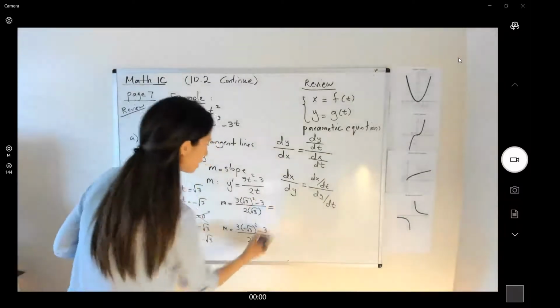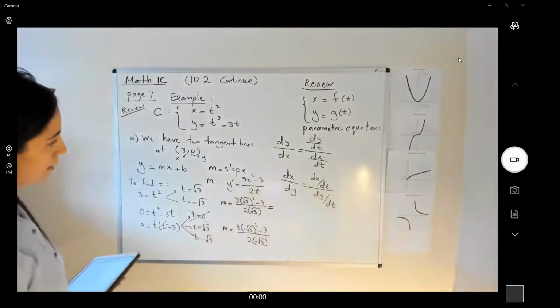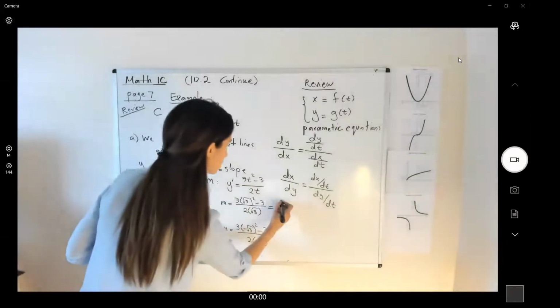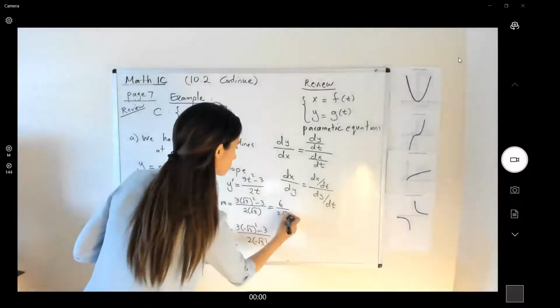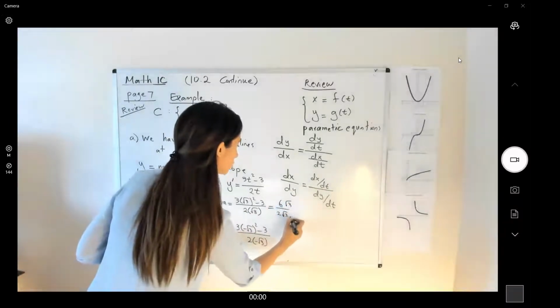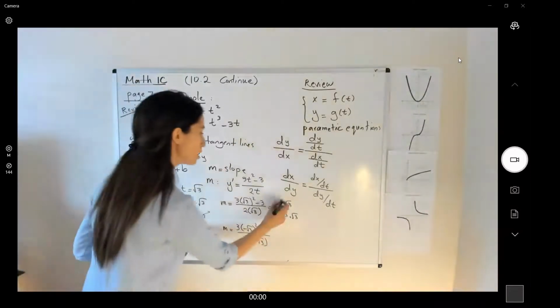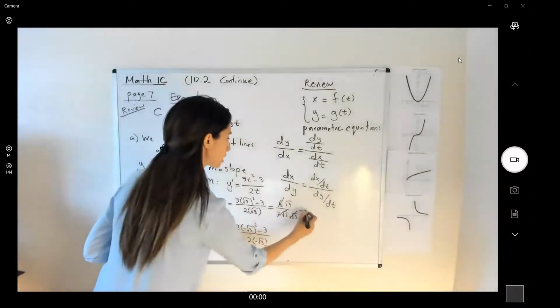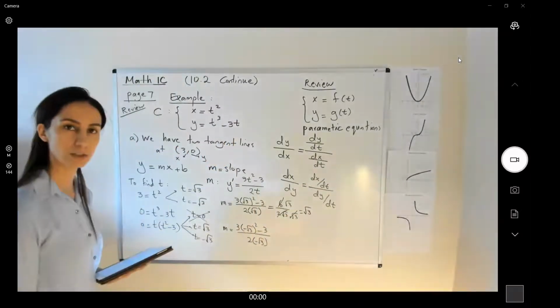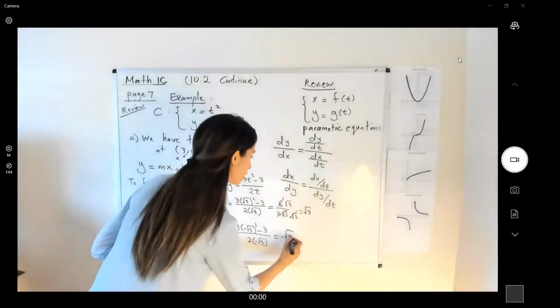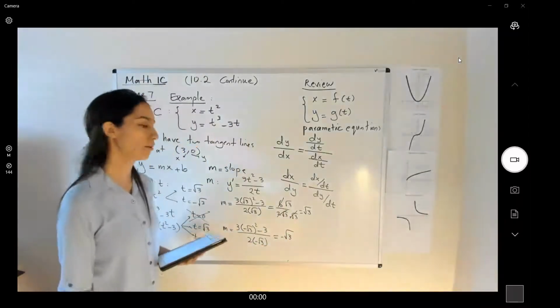Solving this one, we have 3 times 3, 9 minus 3, 6, divided by 2 square root of 3. We multiply by square root of 3 to rationalize the denominator, and we can cancel. We get square root of 3 as the slope of the line. And for the other one, after calculation, we got negative square root of 3.